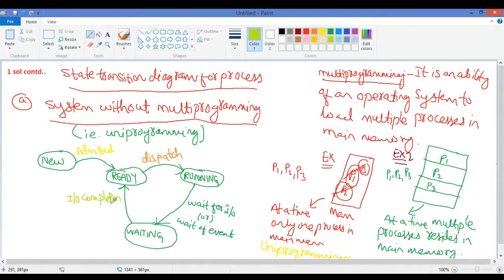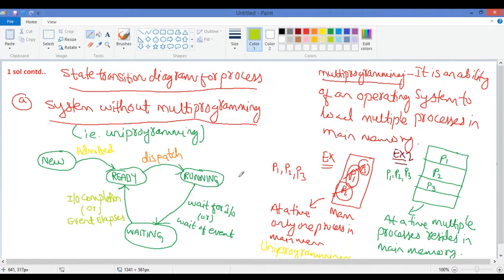Or it was waiting for an event to occur, or that event elapses. Okay, after that again it will go to ready, and when it gets the CPU to execute, then it will be running, which means the CPU is executing this process.